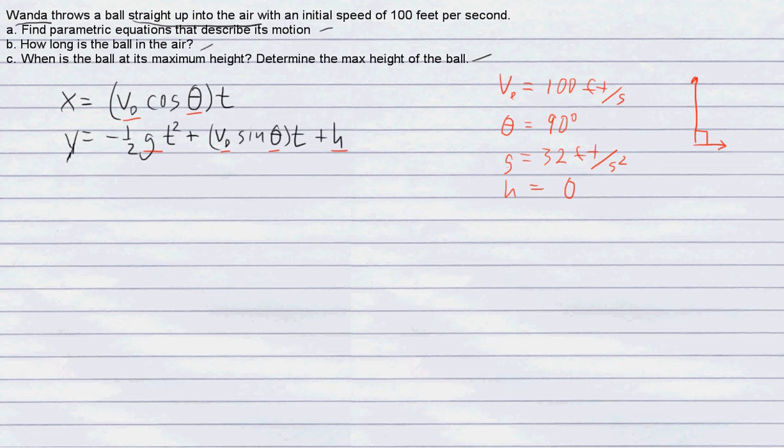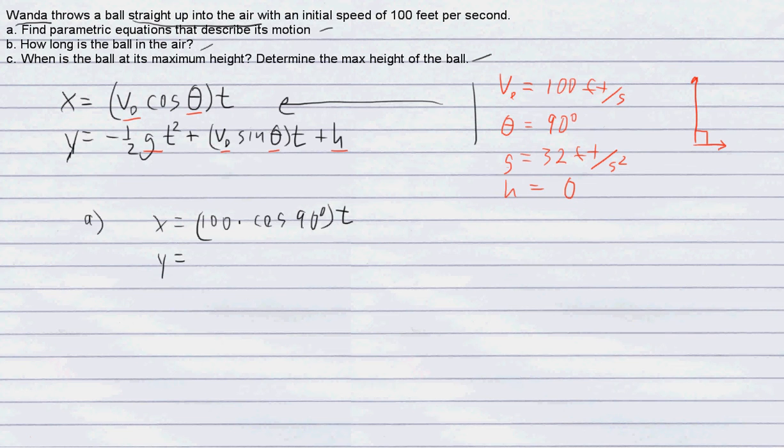So in order to get the parametric equations here, all we're going to do is substitute the constants we're given into the equations. So x is going to be equal to 100 times cosine 90 degrees times t.